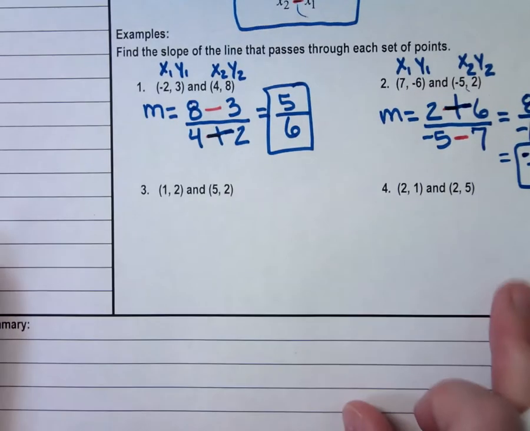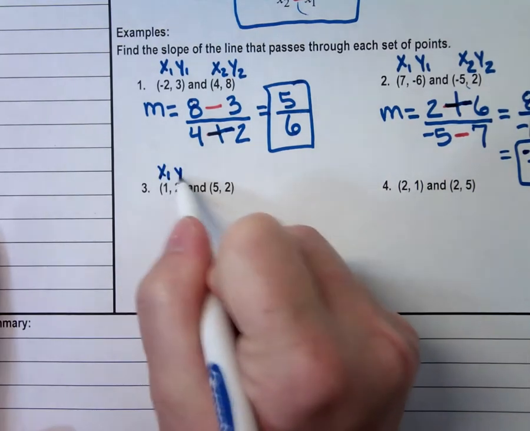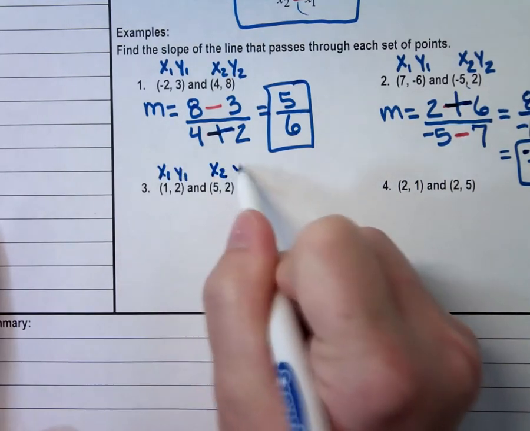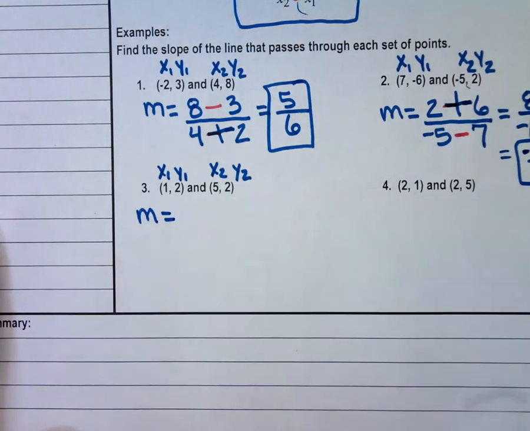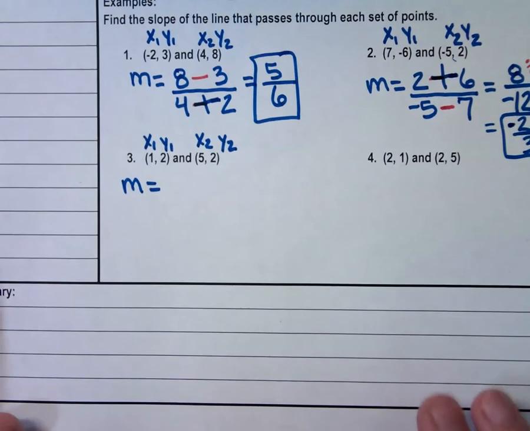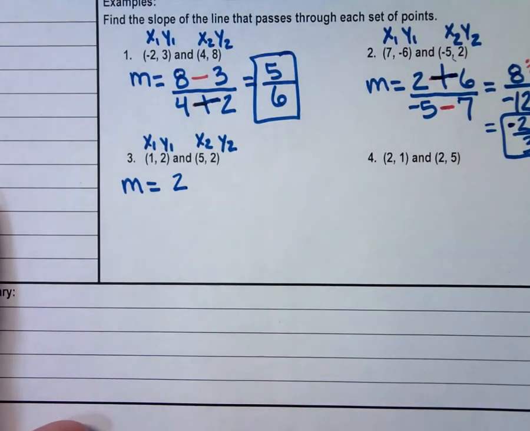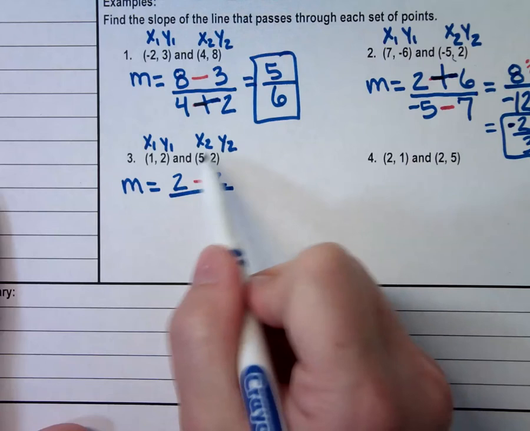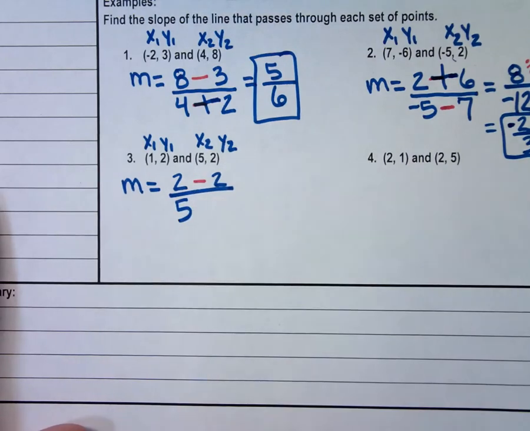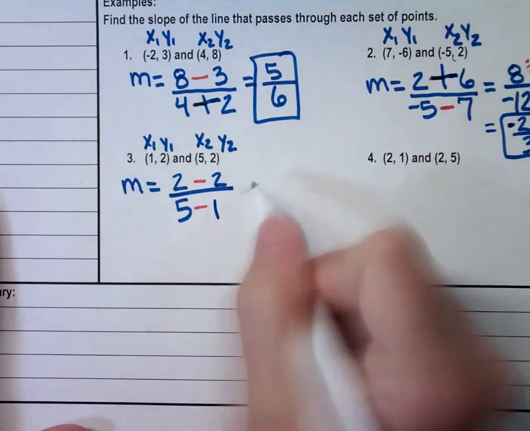Okay, let's just try a couple more for good measure. I'm going to go ahead and label x1, y1, x2, y2. All right, following the formula, I take my y2, which is a 2, minus my y1, which is a 2, divide by x2, which is 5, minus x1, which is a 1.